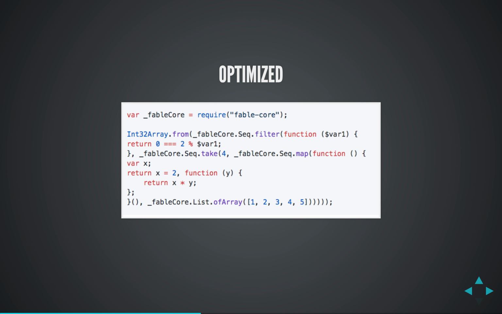By taking advantage of the Fable AST, the Fable compiler produces readable and more optimized code, where we can see that there's an import to the Fable core library, and then it's just making exactly the same calls that we had before, but this time there's a lot of saving on passing around between functions.